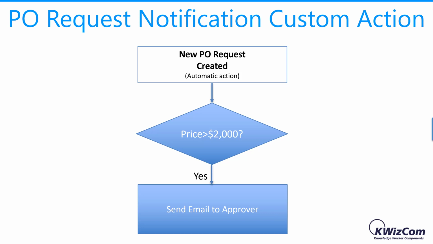And then we want this custom action to check if the price of this new PO request is greater than $2,000, we want to execute an activity that sends an email to an approver. So you can understand from this description that we have actually one activity that should be used, which sends an email, and we've created this activity in the previous video. So let's now go ahead and start creating our new custom action.